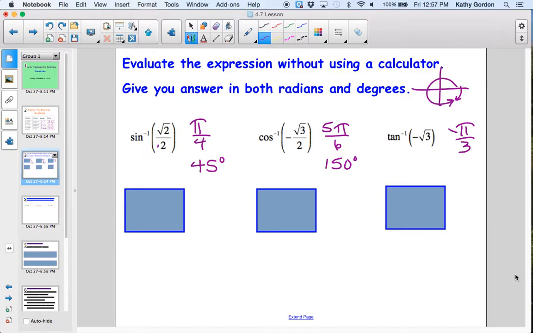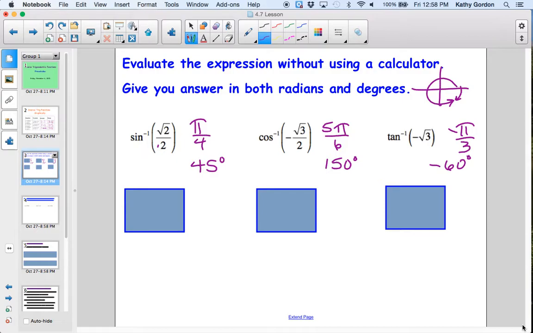So, once I decide what the reference angle for positive is, if what I really want is negative, then I just need to do negative reference angle. So anytime that's negative, I just say it's negative whatever the reference angle is, and that's within the range. It gives me the fourth quadrant angle, but as a negative angle, which puts it within the allowed range. Make sense? And then negative 60 would be our degree answer to go with that.